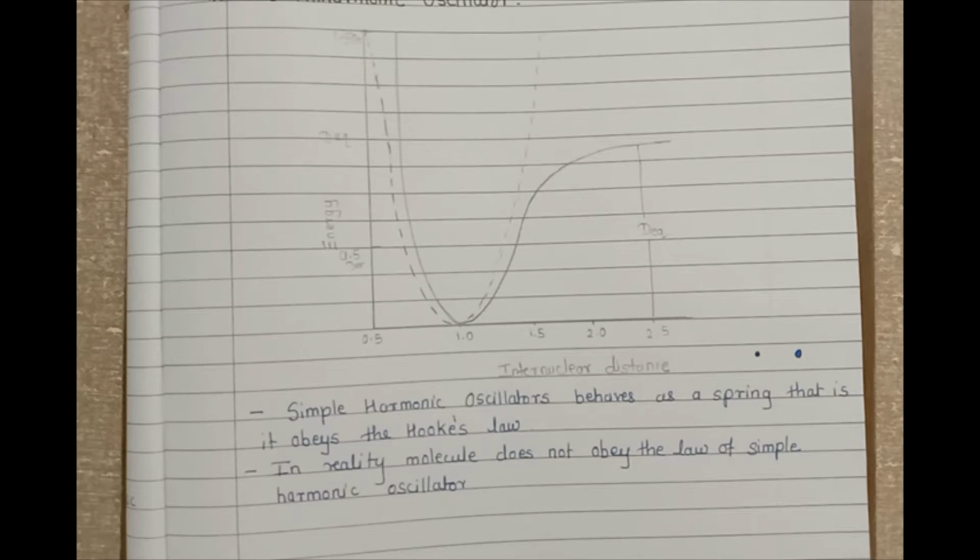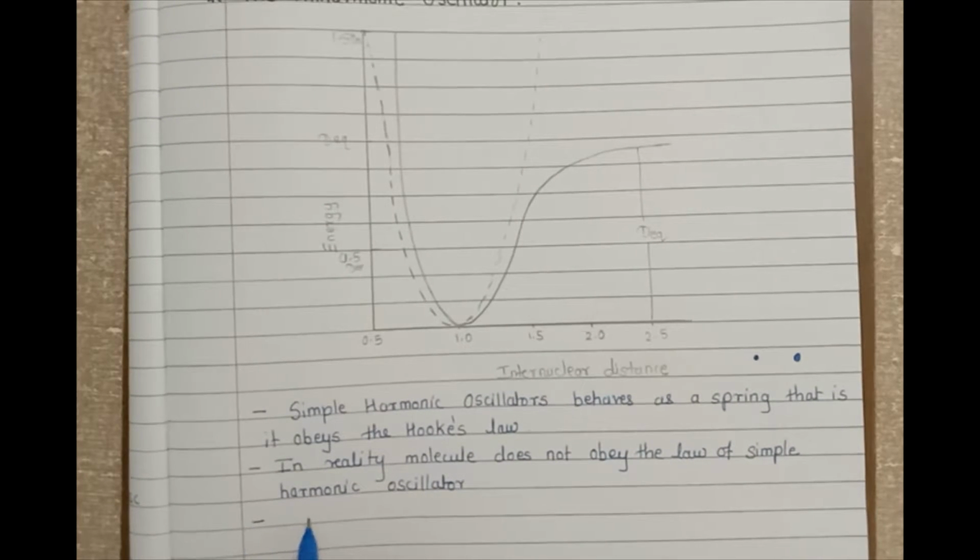But in reality, it does not obey the law of simple harmonic oscillator. For small extension and compression, we can consider the bond as elastic. For small internuclear distances, it is considered elastic. But when we pull the bond, at some point it breaks and the molecule dissociates.